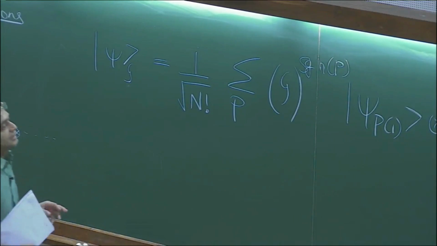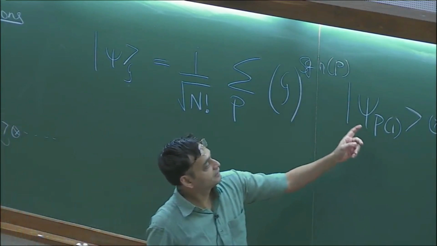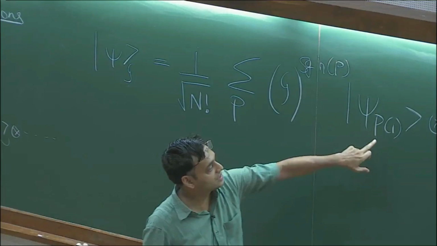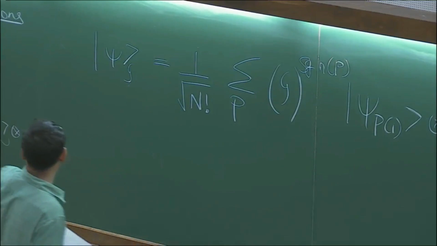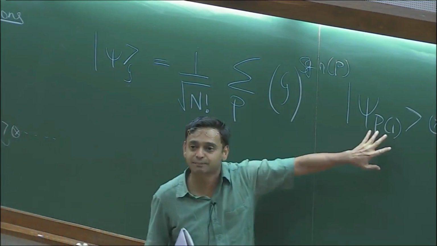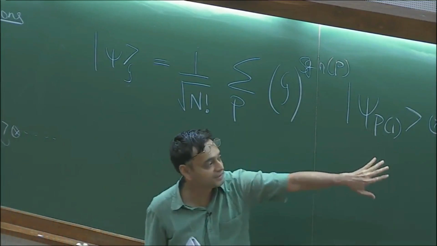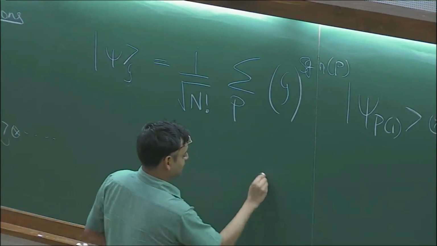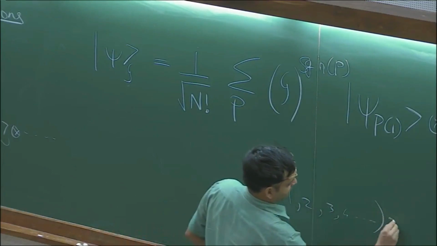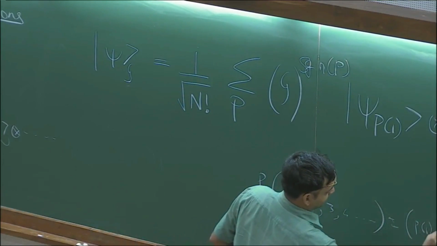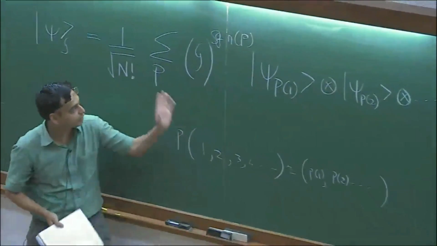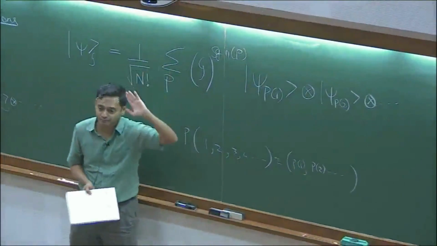See, what I've done is I've said that this slot, which is for my first particle, now is not in the single particle state psi 1, it is in some single particle state P of 1, where P of 1 is a permutation of n labels. So P of 1, 2, 3, 4 is what I'm calling P1, P2. It's just some permutation of these labels. There's n factorial of them. I sum over all of them, right?